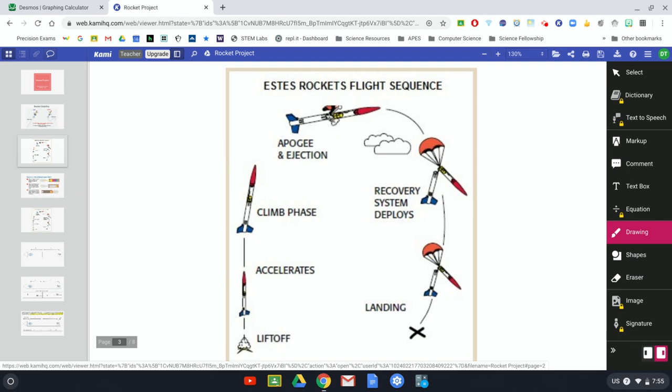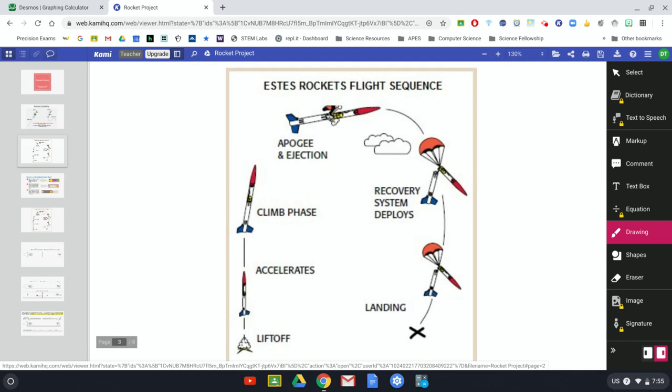But at some point the engines are going to stop and the rocket is going to begin to flatten out. That's called apogee. When it begins to flatten out, that's normally when the parachute deploys, and then you start the recovery phase of the rocket flight.